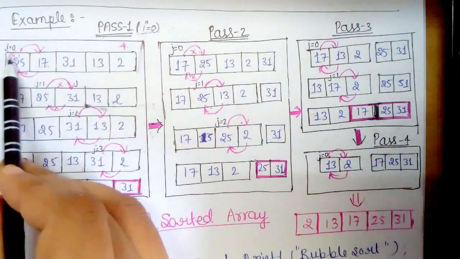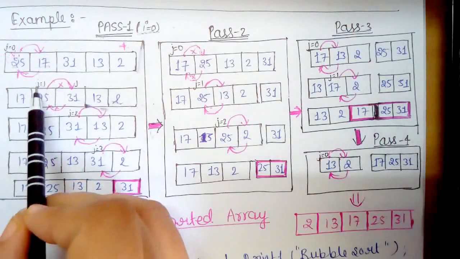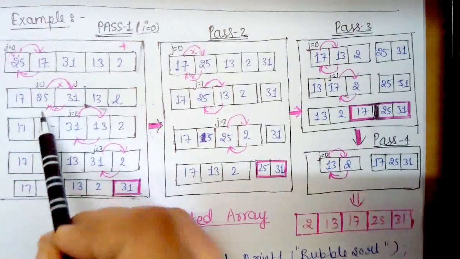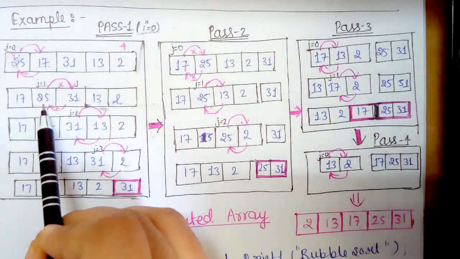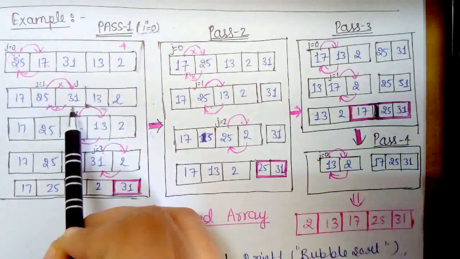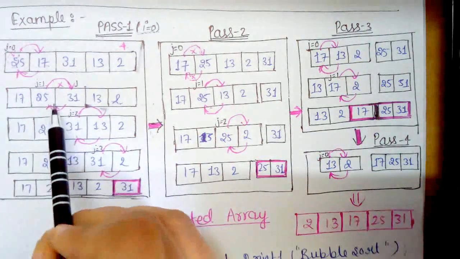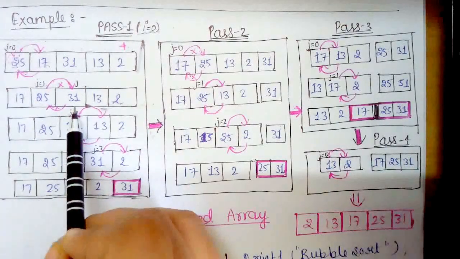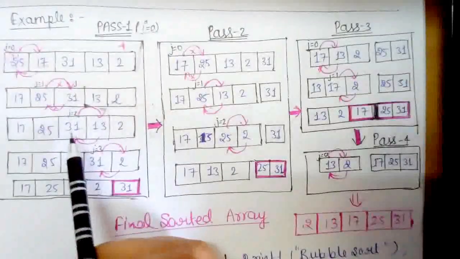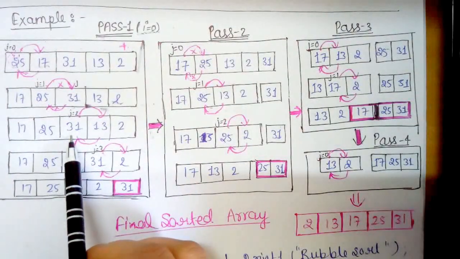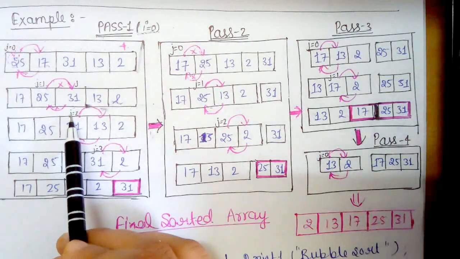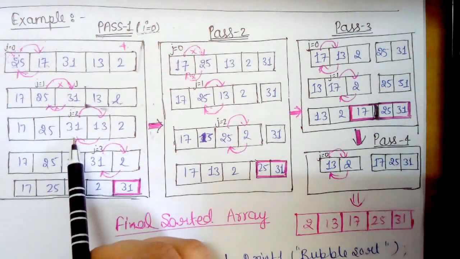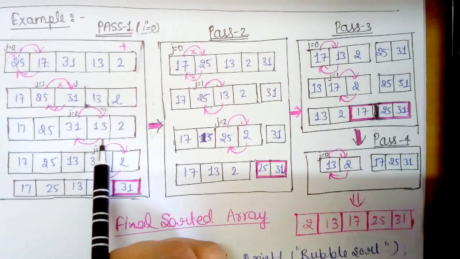Now j is incremented, that is j is equal to 1. Now I will compare 25 and 31. They will not be swapped because 25 is less than 31. Now j is incremented again, that is j is equal to 2. Now I will compare 31 and 13.